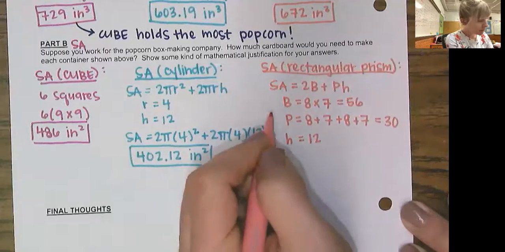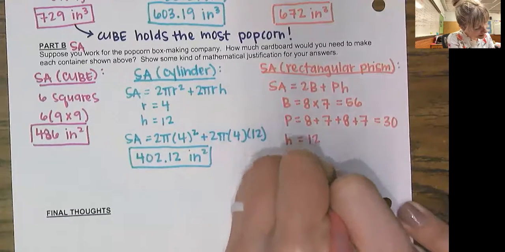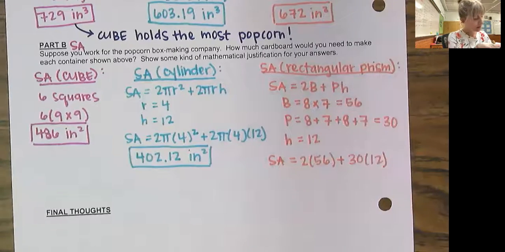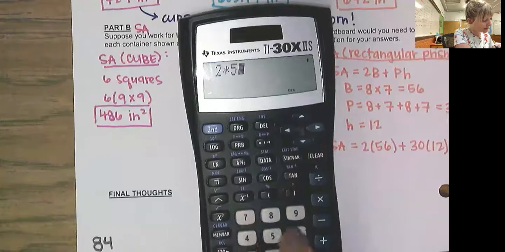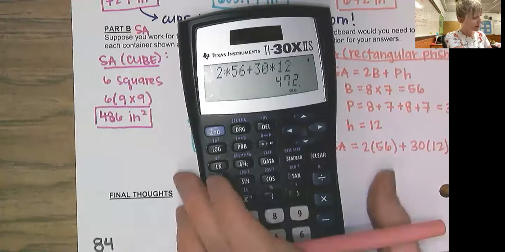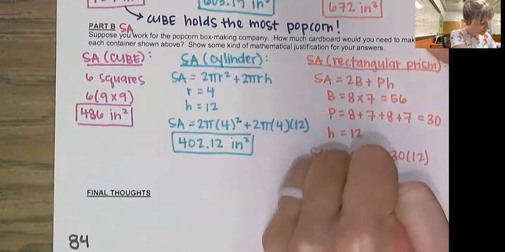So now I'm going to use the surface area formula and get 2B plus PH. And I go, okay, 2 times 56 plus 30 times 12. And the surface area for the rectangular prism is 472 square inches.